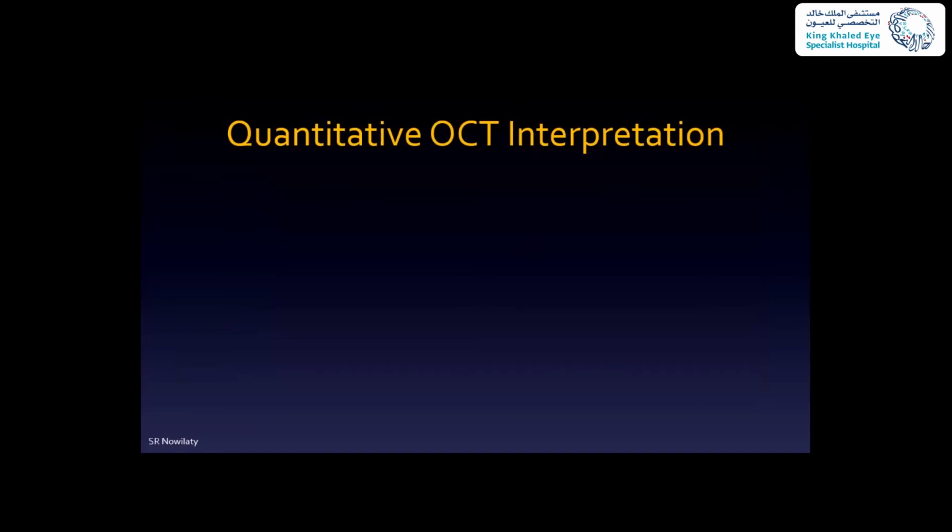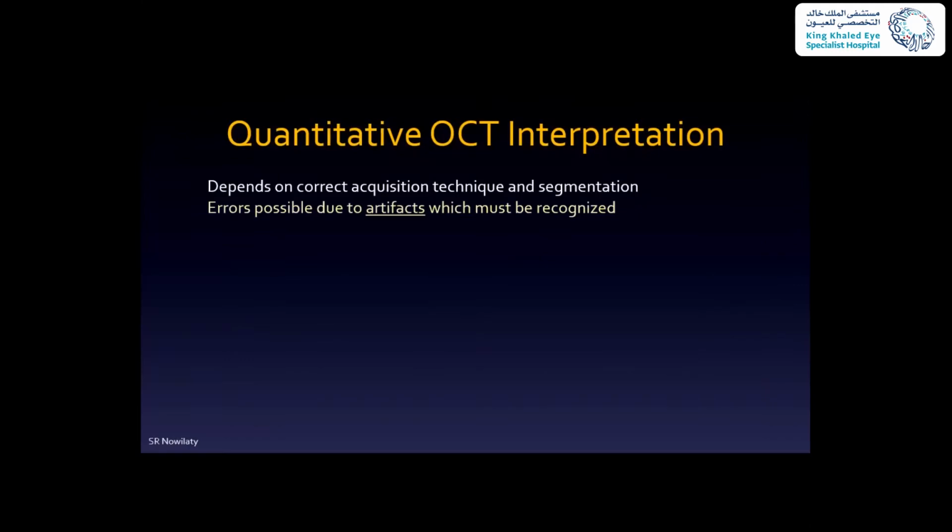So how do we quantitatively interpret this OCT? Well, as you know by now, it's going to depend on the correct acquisition technique and the correct segmentation by the machine. And of course, errors are possible due to poor technique, or because there are artifacts that must be recognized. What are these artifacts?